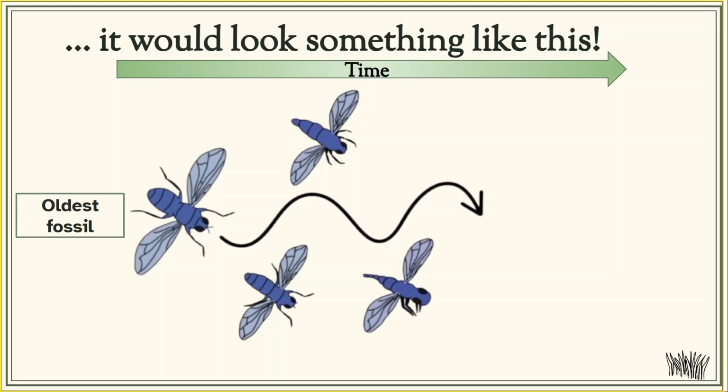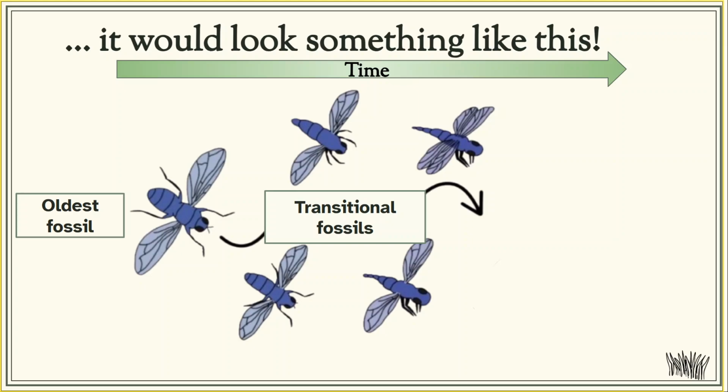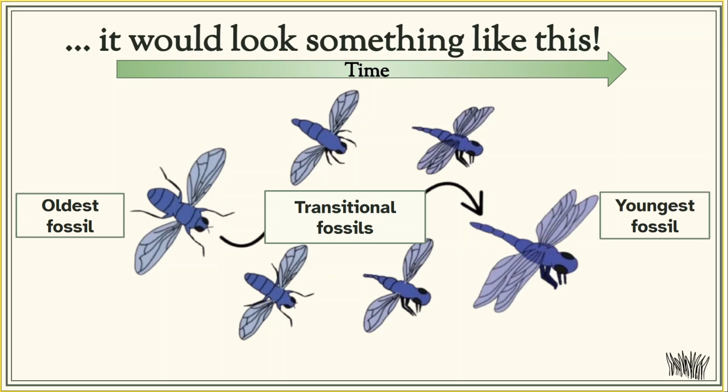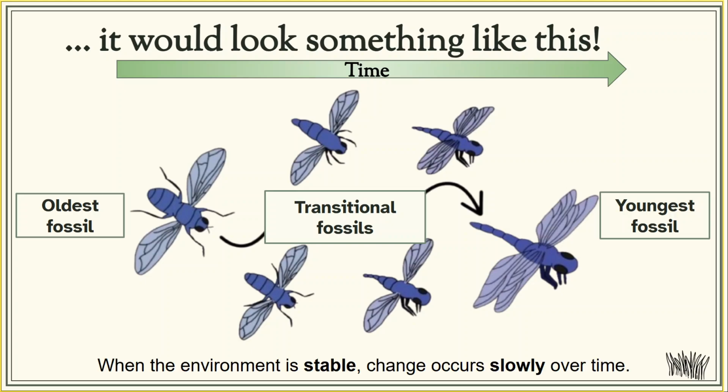Slowly, we saw that movement in the eyes and the head. And by the end, after a really long time, these are the transition fossils. They show us the transition between point A to point B. We get what we know as today is our dragonfly. So at the beginning, we had something totally different. The transition fossils tell us the story, and by the end, we get what we were looking for.